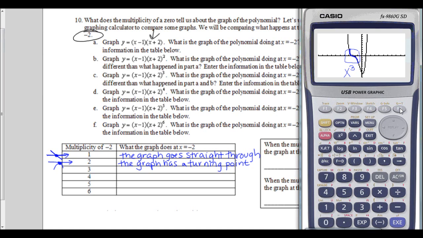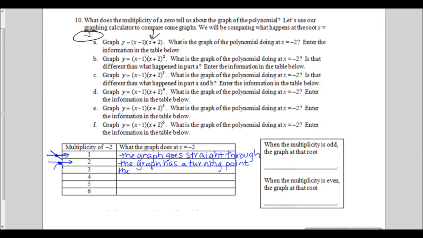So if we had to describe, we could say the graph has a bend point, maybe, but it goes through. It still goes through. Okay, and if I were describing it in my pictures over here, it made that little bend shape.